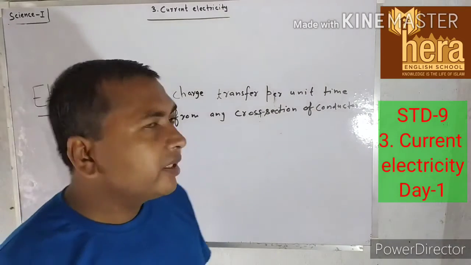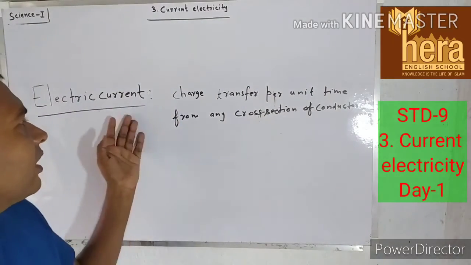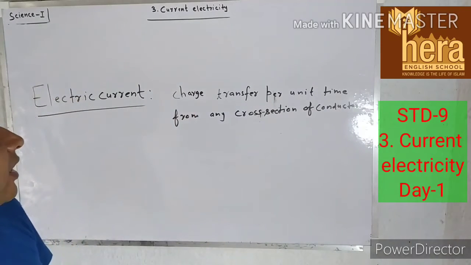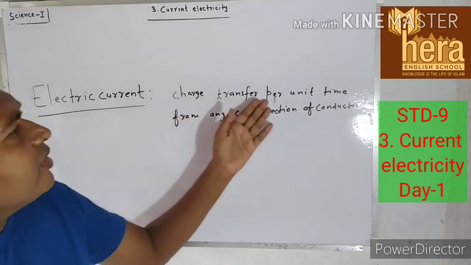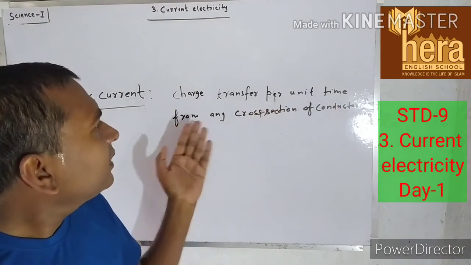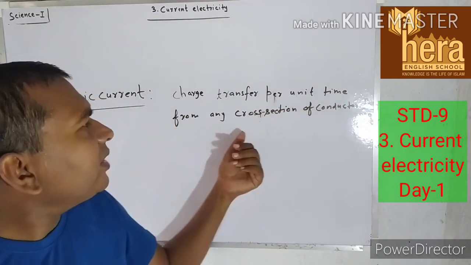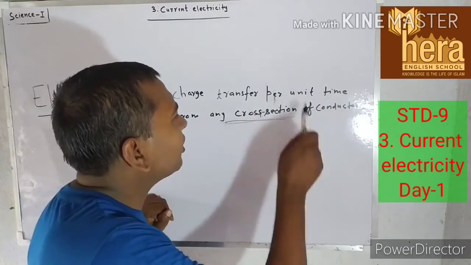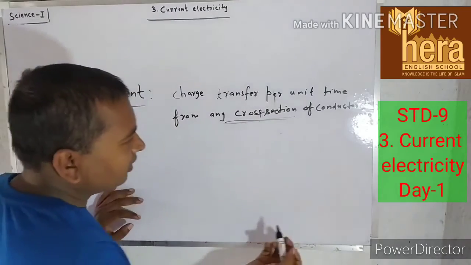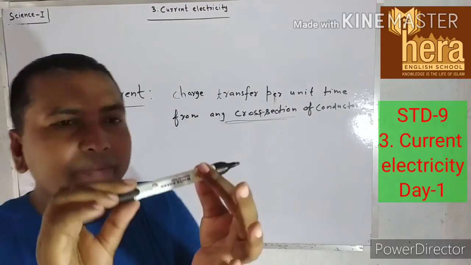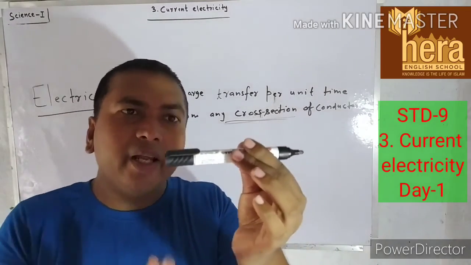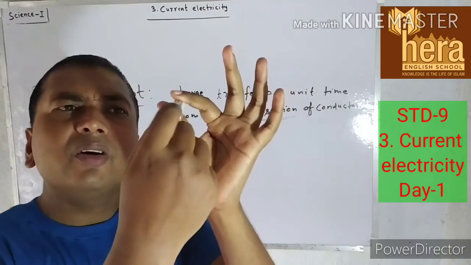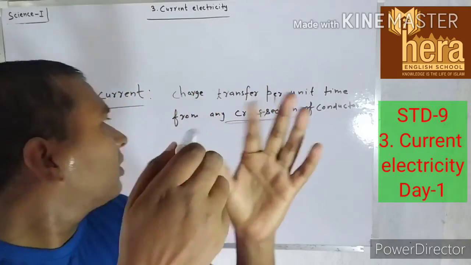Electric current: how will you define it? You may define it as the charge transfer per unit time from any cross section of a conductor. Any cross section means what? See, this is the marker. If you cut from here, then this is called a cross section.